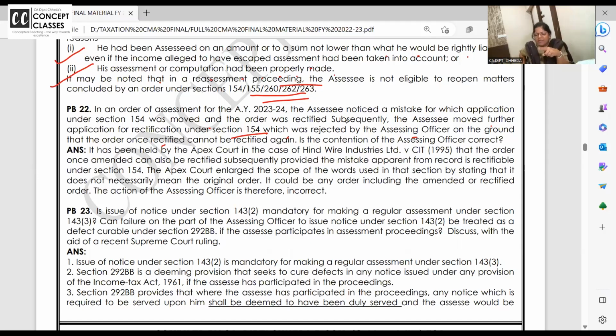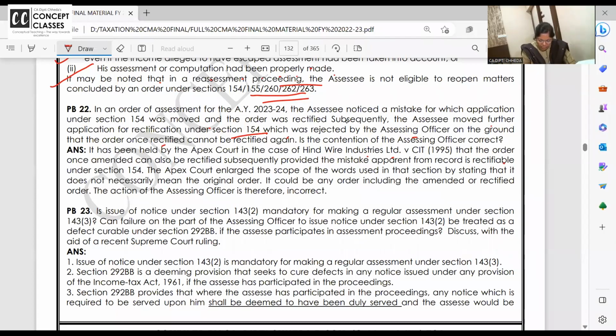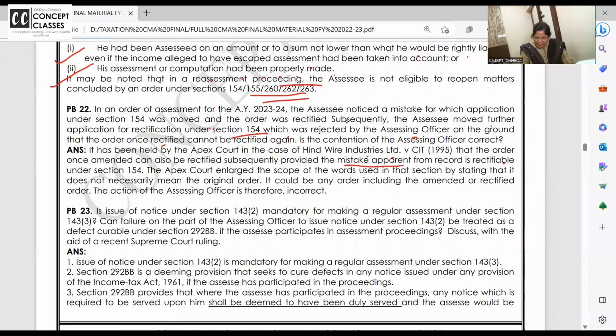A rectified order can be rectified, yes, but within the time, 3 years, 4 years. It has been held in the case of Hindustan Industries versus CIT that an order once amended can also be rectified, provided the mistake is apparent from the record. Apex Court enlarged the scope of the words used in that section by stating that it does not necessarily mean the original order. It could be any order including an amended or rectified order. If there is any mistake apparent from the record, you can correct it in 154.